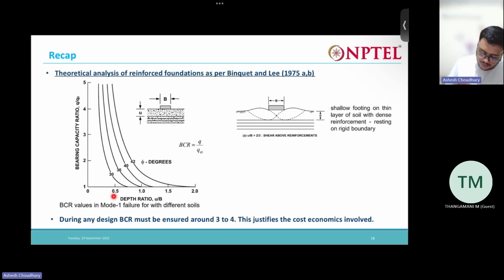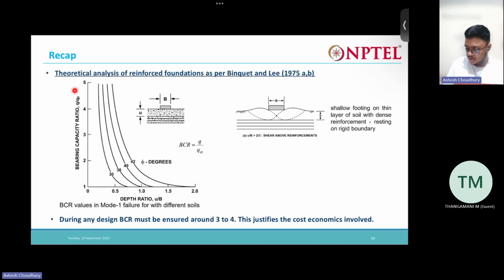Okay, so say for the soil of 30 degrees and we have a ratio of 0.5, if we are considering that the first mode of failure will happen, from here we can actually get the Q by Q naught ratio. Okay, it is the bearing capacity ratio. Bearing capacity ratio is nothing but the ratio of the improved pressure to the unimproved, unreinforced pressure.